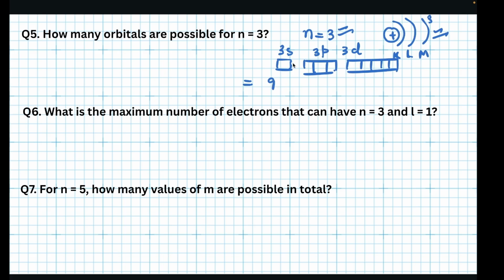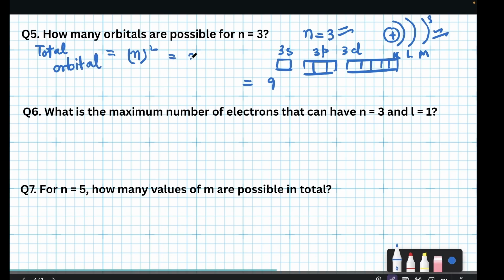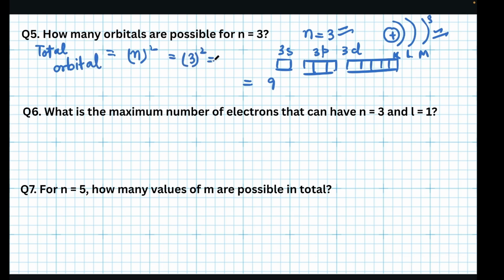We can also calculate the total number of orbitals for the given value of n by using the formula n square. Total orbitals: 3 square, that is 9. So total 9 orbitals for n is equal to 3.